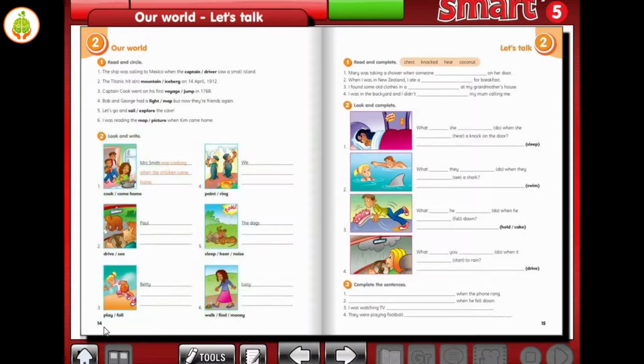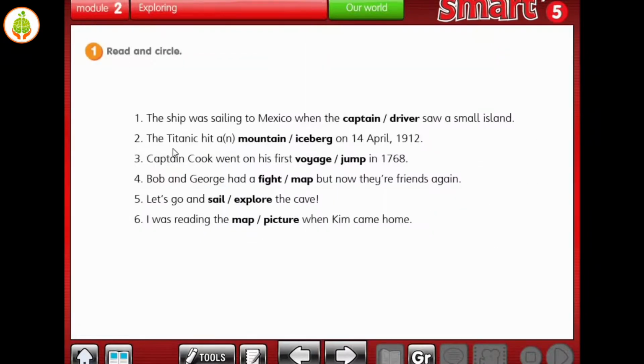Alright, now let's jump to this page, page 14. So read and circle. Exercise 1. Read and circle. Number 1. The ship was sailing to Mexico when the captain or driver saw a small island. Look, what do we call the man who sails a ship? Do we call him a driver? No, we call him a captain.